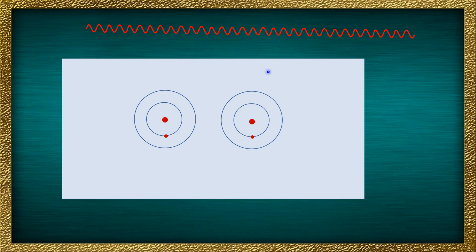Okay, suppose assume that this is a transparent material in which I have taken two atoms. These two are the nuclei and these two are the electrons. We know that when an atom absorbs energy, the electron goes from lower energy state to higher energy state, and there the electron will not remain for longer time, then it comes back to its ground state.